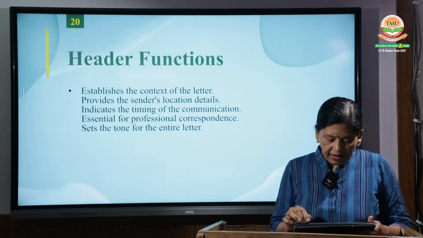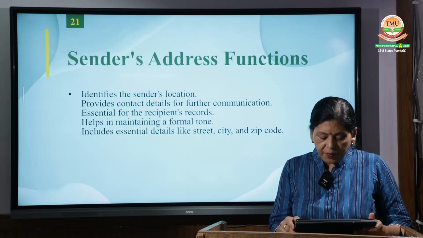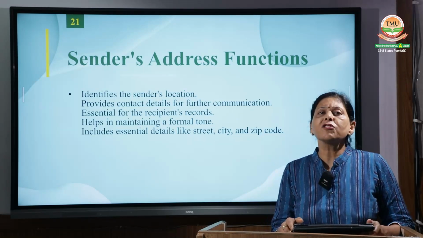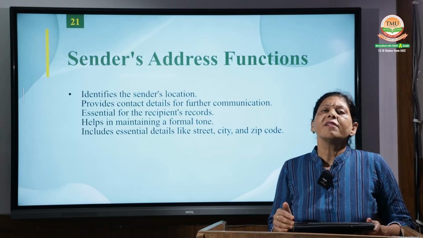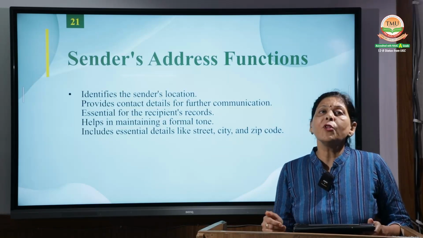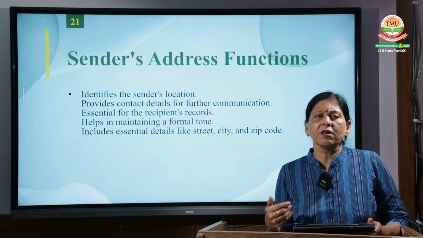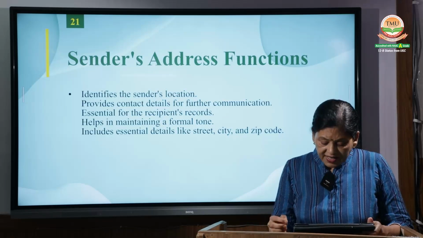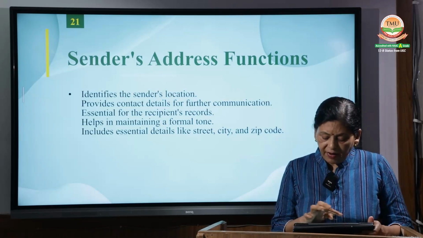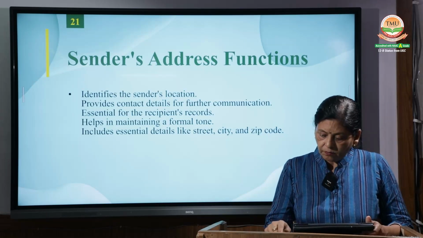Then after the header, I'll skip past the sender's address because we have already discussed this. What are the functions of the sender's address? They show where the sender belongs, to which place the person is communicating, and to which place the consignment or the order placed has to be sent.